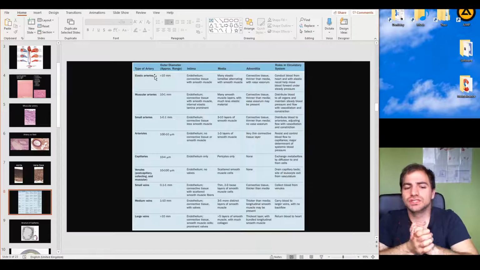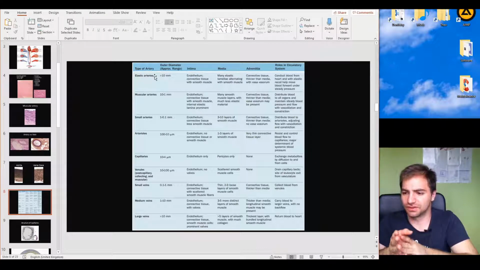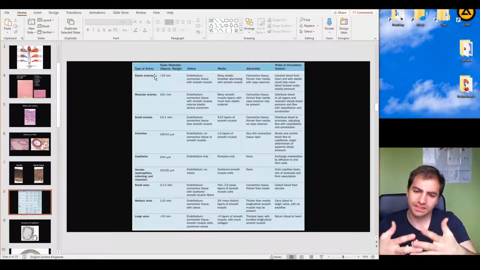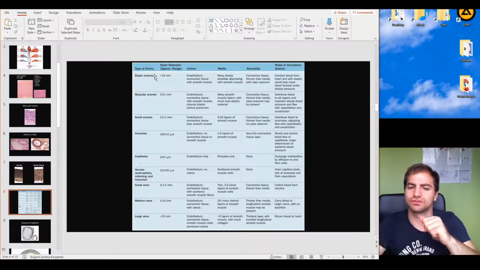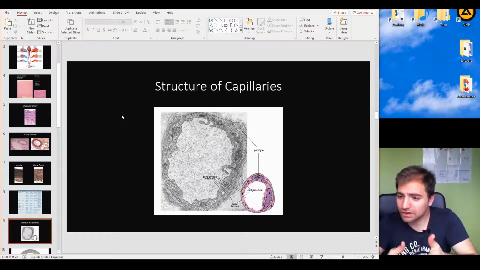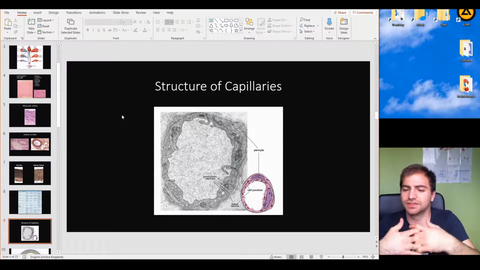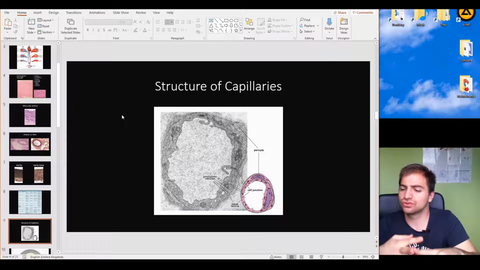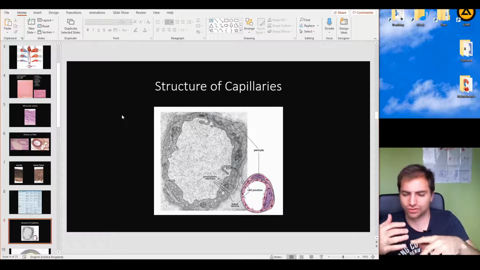Now, we should discuss in this case the differences between the capillaries and the rest of the vessels. Now, we already discussed the tunica intima, tunica media, and tunica adventitia. In this case, we should focus just a bit more on the function and the structure of the capillaries, because the capillaries are actually the most active and the most important structures for diffusion and for exchange of gases, exchange of nutrients, exchange of molecules, exchange of hormones.